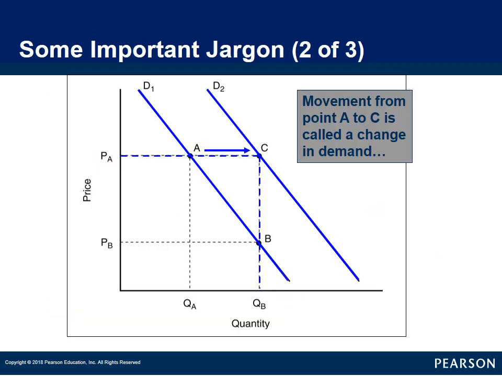You can see these graphically represented here. So again, prices on the left, quantity on the bottom. If we move from point A to point C, meaning that a higher quantity is demanded at the same price, we are going to call that a change in demand.